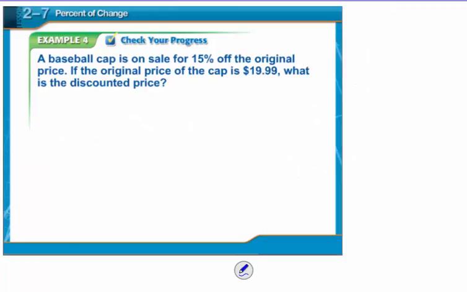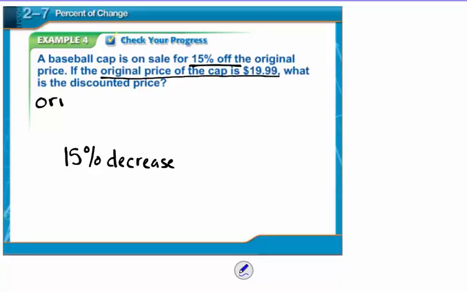All right, let's look at the last question. A baseball cap is on sale for 15% off of the original. So it's a 15% discount or a decrease in price. The original price is $19.99. I need to find the new price, the discounted price.